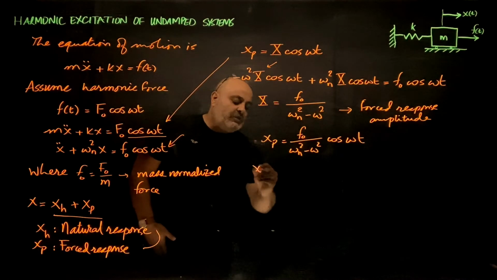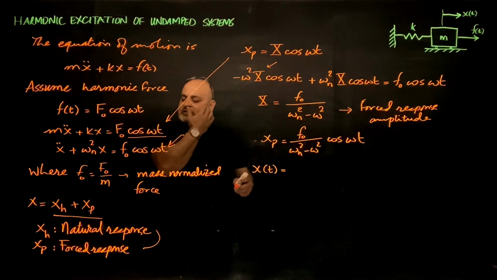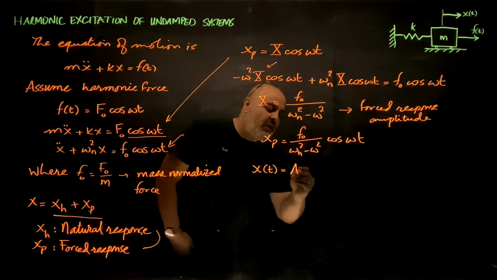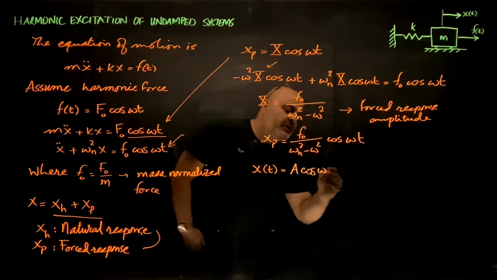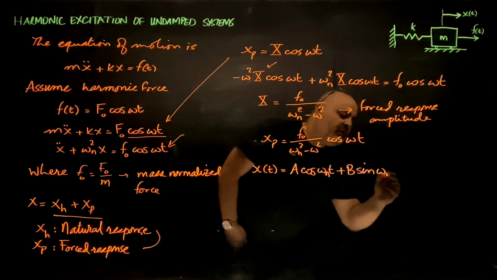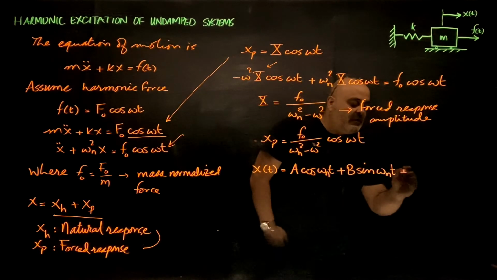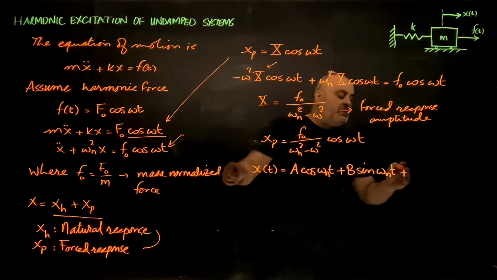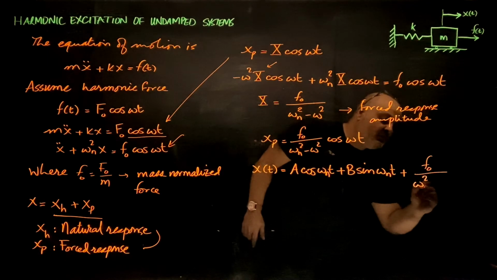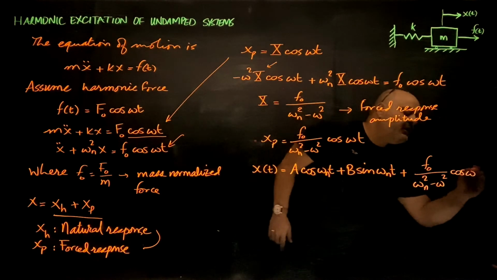So x of t in total, we already determined the natural response of the undamped system, which was A cosine omega n t plus B sine omega n t, that's the natural part, plus the forced part, the particular solution, f0 divided by omega n squared minus omega squared cosine omega t.